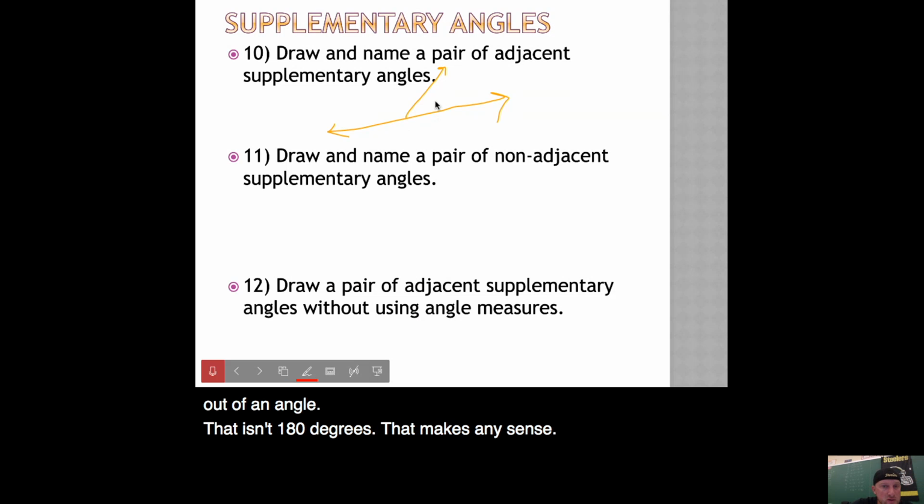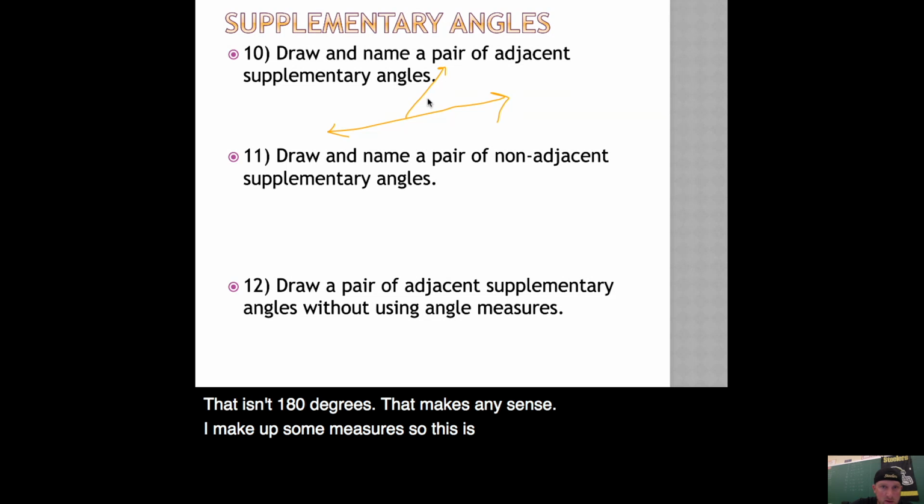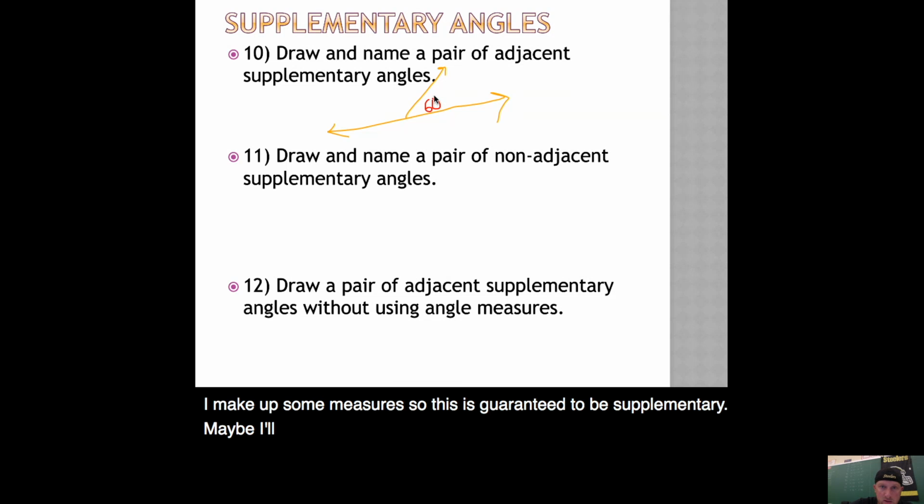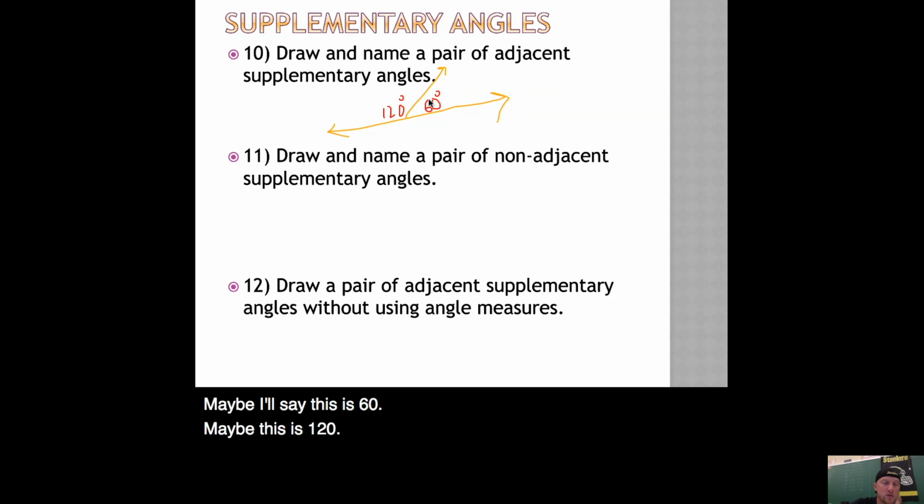Okay, make up some measures so this is guaranteed to be supplementary. Maybe I'll say this is 60. Maybe this is 120. These two angles are supplementary because they add up to 180.